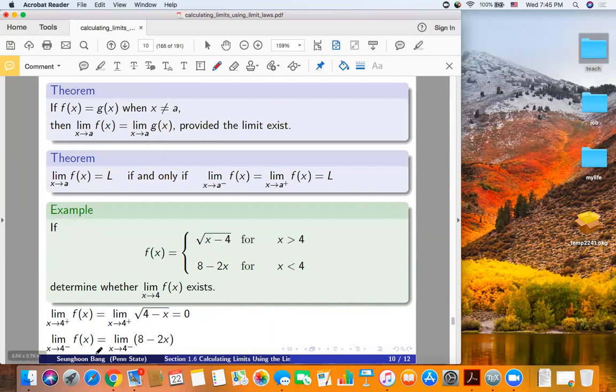So you can use the direct substitution property, plug 4 into x: 8 minus 2 times 4 is 0. So 0. The left-hand limit is exactly the same as the right-hand limit. We have this conclusion: the regular limit is the same number, 0. So that's it, by using the theorem.